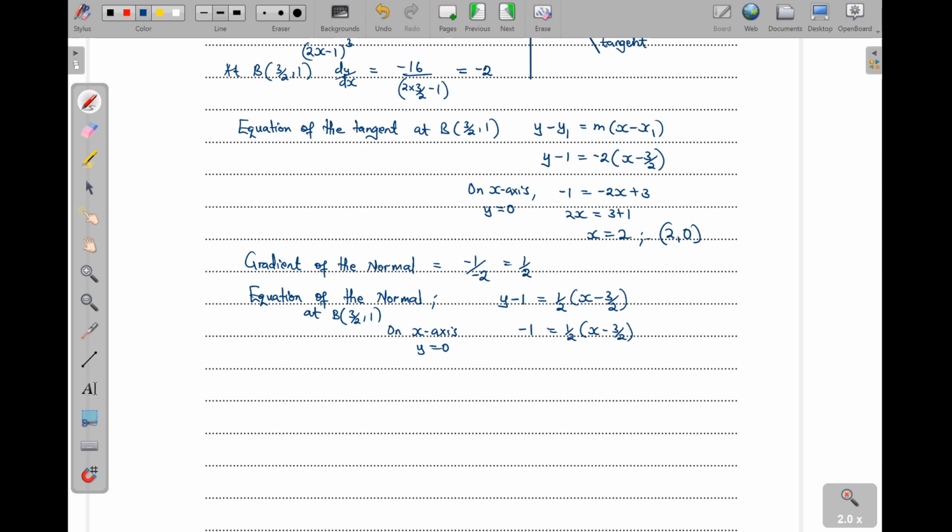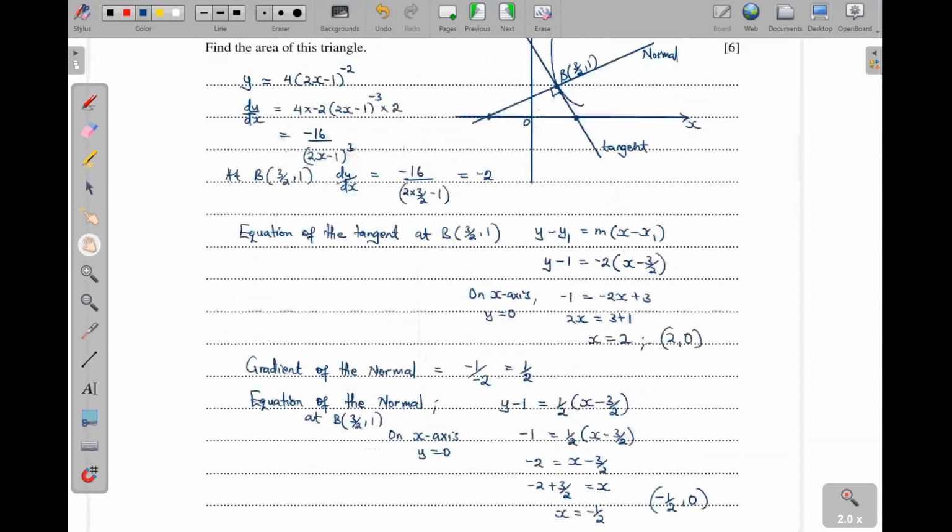Then I can multiply all through by 2, so this will be negative 2, then x minus 3 over 2. When this comes this side, we shall have negative 2 plus 3 over 2. That will give us the x. So 2 times negative 2, that is negative 4 plus 3, that will be negative 1. So meaning here x is going to be equal to negative a half. So that means I will have negative a half here, and then 0.